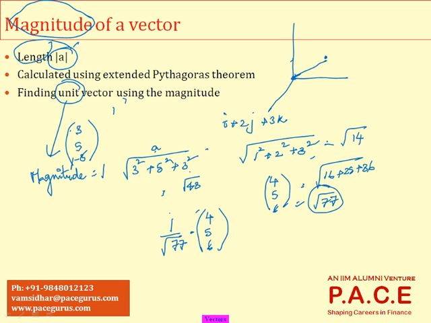Magnitude is root 14. You take 1 by root 14, 2 by root 14 and 3 by root 14. This is my new vector, which is the unit vector.